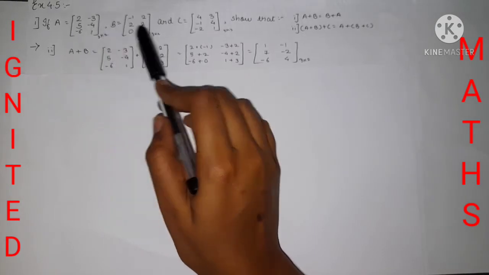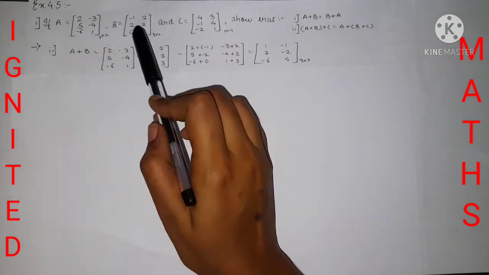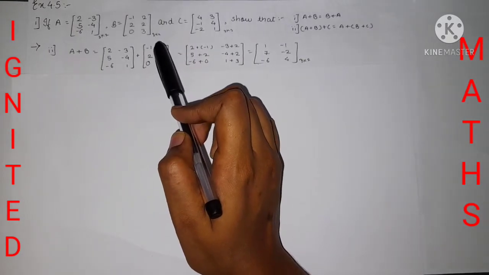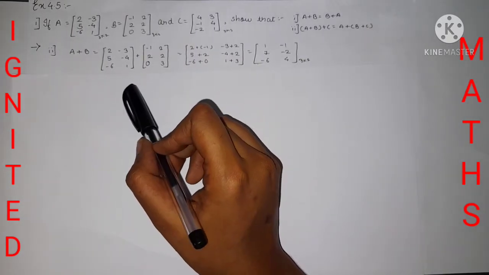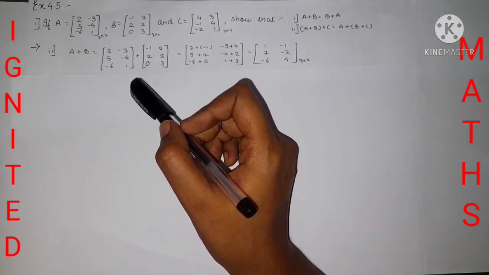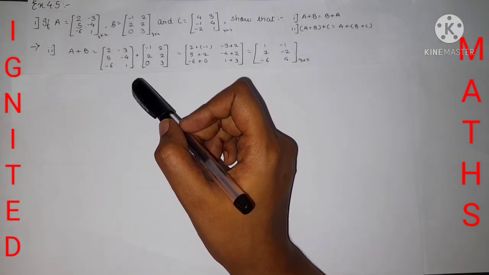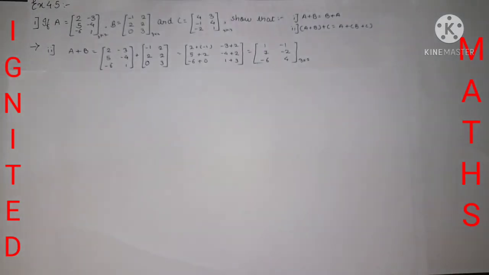Over here you can see in the question that the order of each and every matrix, A, B and C, is absolutely the same, so only then can we do the addition of the matrices. This is the important rule I specifically mentioned in the previous video. You will find it at the description link. So now let's start with the addition of the matrices.